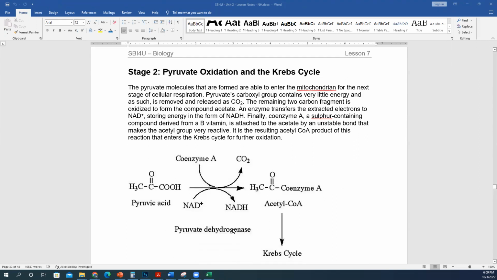dehydrogenation by pyruvate dehydrogenase. So this pyruvate molecule does not contain very much energy.